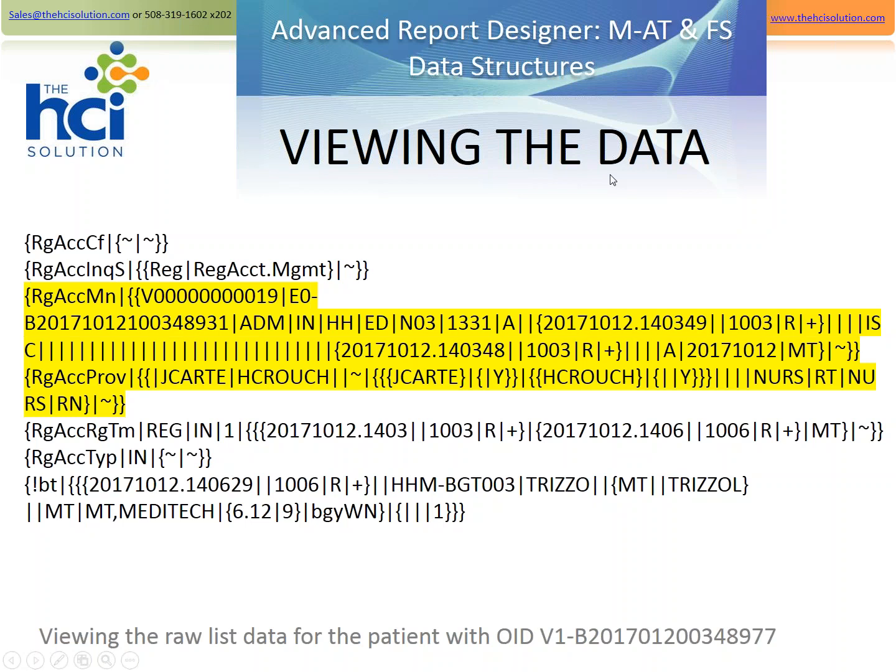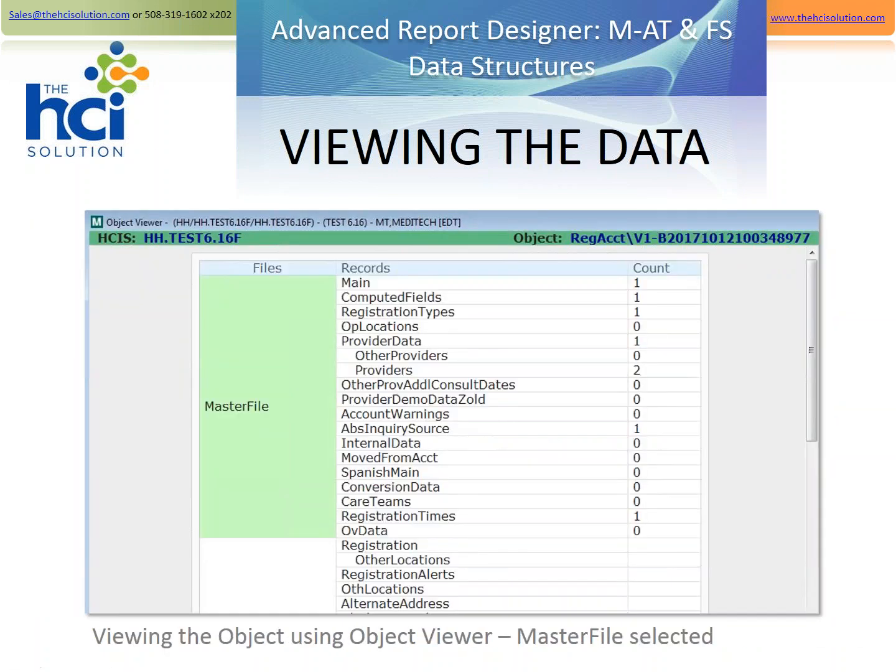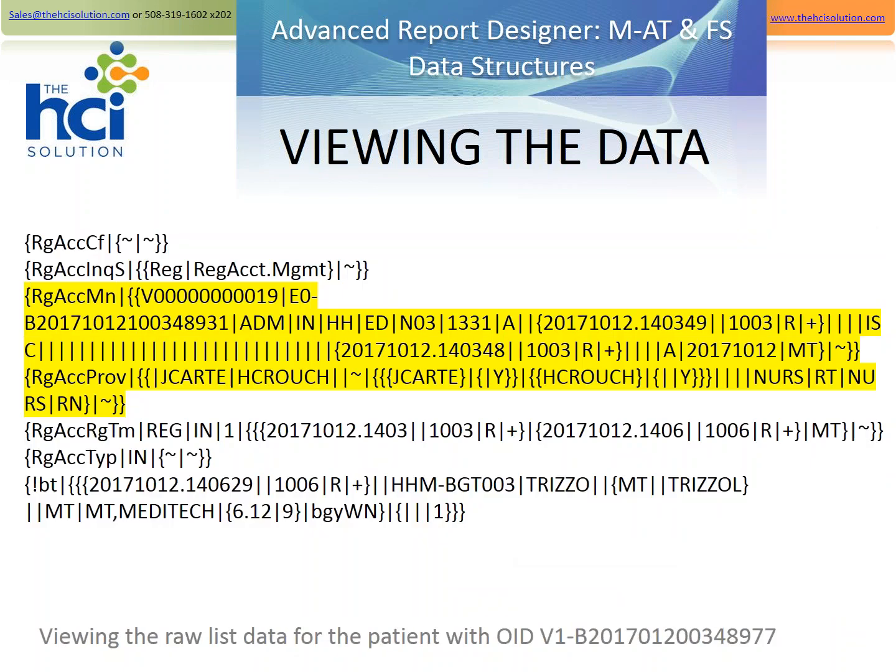This is an example of what the list data for that patient actually looks like on disk. If I were to crack open that master file, that's what the data would look like inside this file.